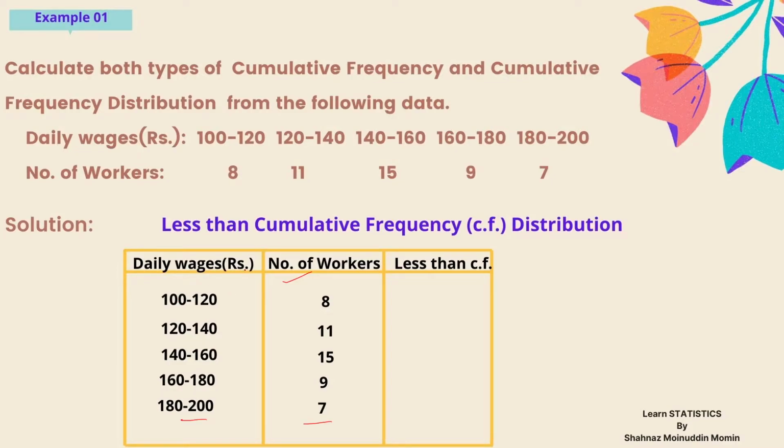Here daily wages and number of workers are written. To calculate the less than cumulative frequency, we start from the top of the frequency column. Here the frequency column is the number of workers. So start from the first frequency. The first frequency here is 8. Write down 8 as it is.